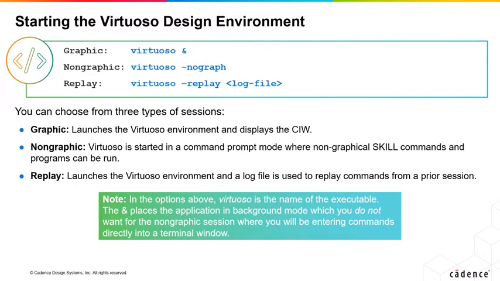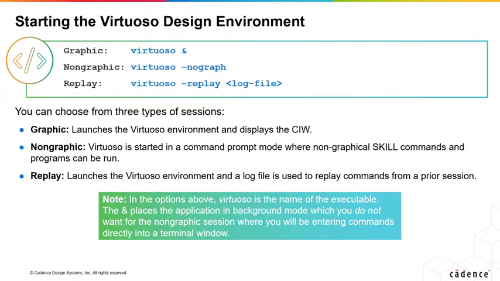In prior versions, in the IC51 environment and early 6.1, we allowed you to use multiple names like ICFB, Layout, Layout Plus. These were segmented executables. They were subsets, but in 6.1.4 going forward, we're requiring only one command to be used.